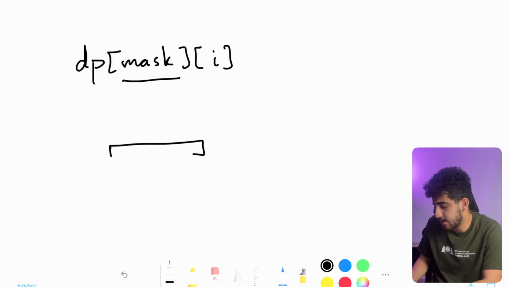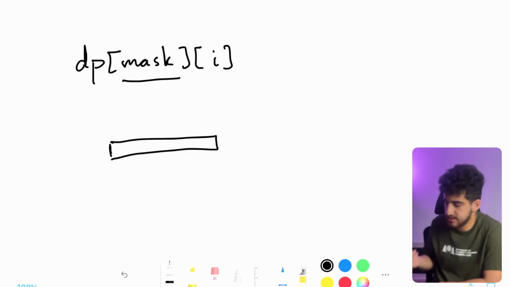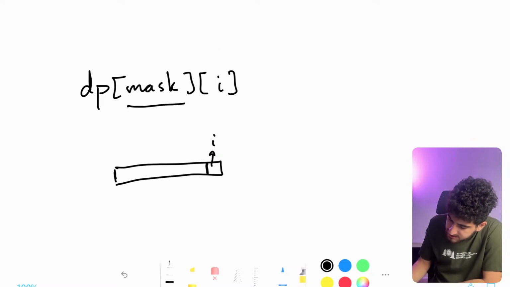Maybe I add the other songs as well, but so far I've added the songs in mask to my playlist. The last one of them was song number i. i is definitely in mask. So mask is a binary representation of length n, and n is at most 16.